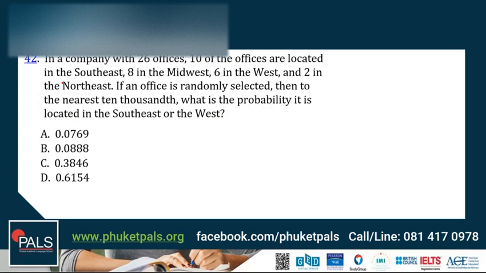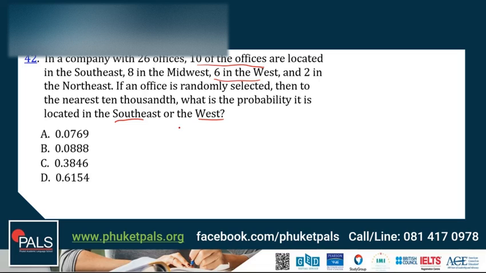42. In a company with 26 offices, 10 of the offices are located in the southeast, 8 in the Midwest, 6 in the west, and 2 in the northeast. If an office is randomly selected, then to the nearest 10,000, what is the probability it is located in the southeast or the west? So southeast is 10, west is 6.